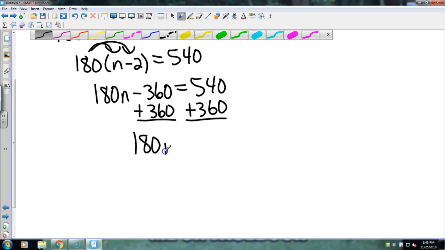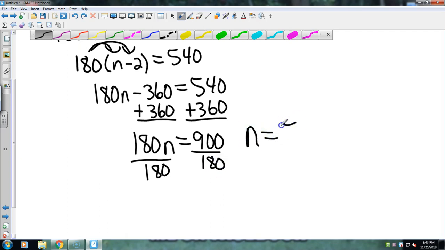And so I get 180n equals 900. Then I'm going to divide both sides by 180. And the number of sides is going to equal 5. So that is a regular pentagon. So that is Chapter 7, Section 1, Angles of Polygons.